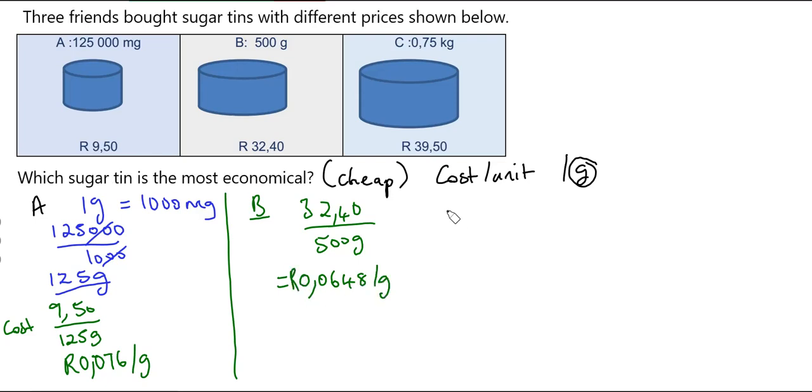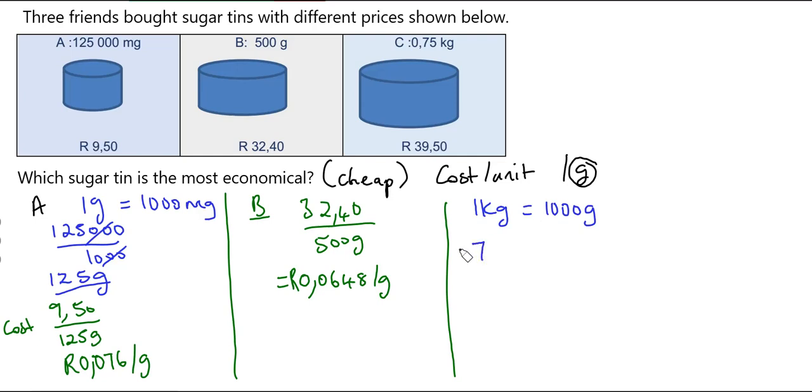Okay, let's look at the last one here, which is the 0,75 kg. We know that 1 kg is equal to 1,000 grams. And here we are moving from a bigger unit to a smaller unit. So what do we do? We multiply.